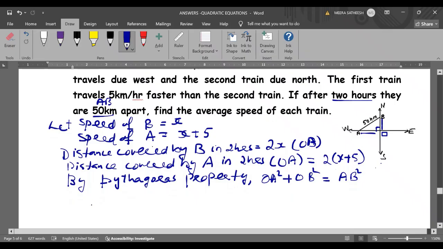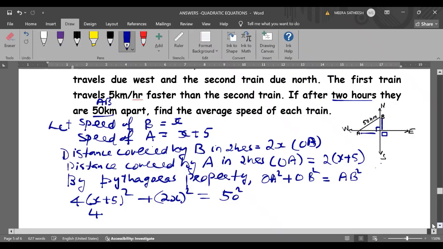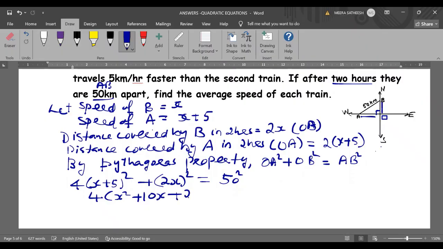So OA is 2 into x plus 5, whole square, so 2 square is 4 into x plus 5 whole square, plus OB, 2x whole square, equal to 50 square. So 4 into x square plus 10x plus 25 plus 4x square equals 2500.